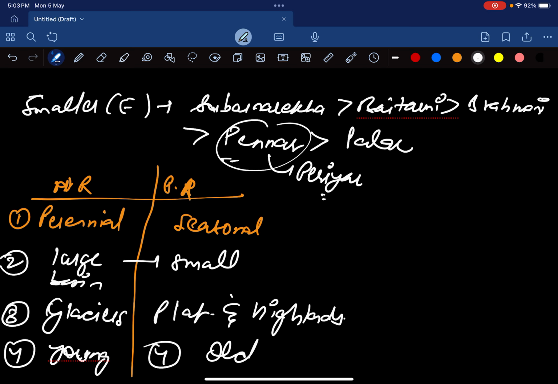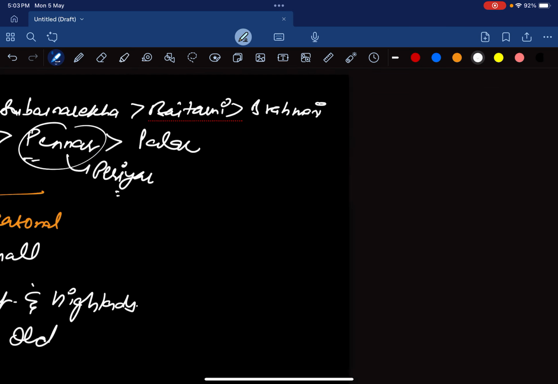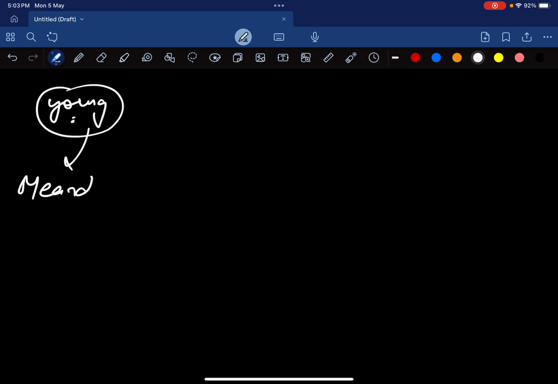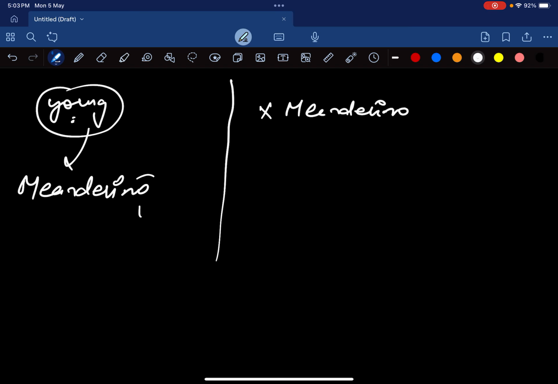And since the northern rivers are young, they show feature of the meandering, where there is no such feature, no meandering in the peninsular rivers, right?